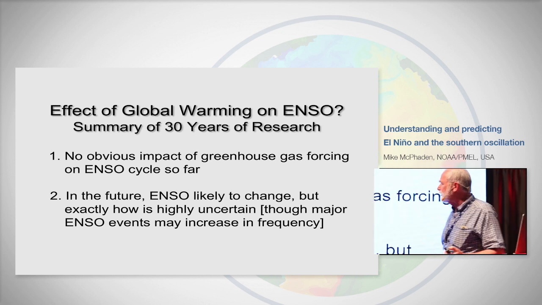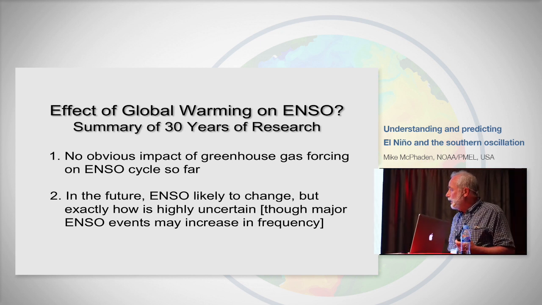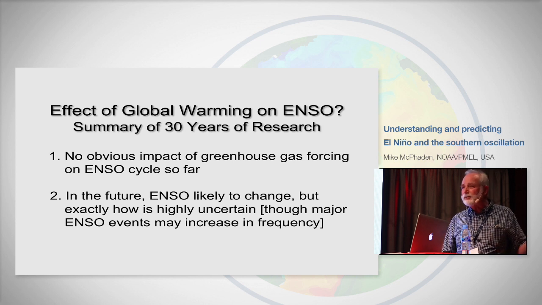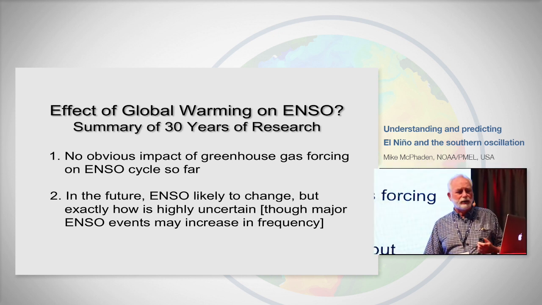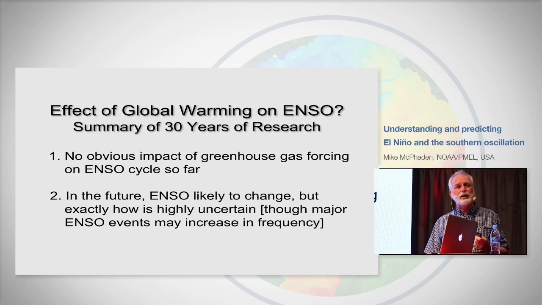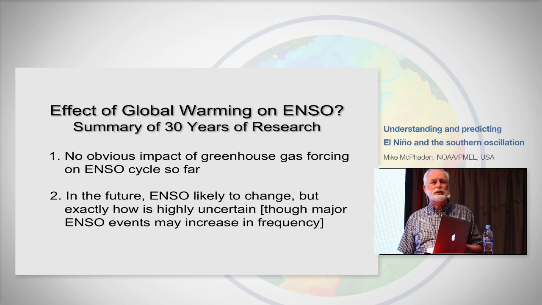The other aspect of this is how will it affect ENSO in the future? And for this, well, I think there's a consensus in the community that there is likely going to be an effect on the ENSO cycle. The problem is we don't really know what it is. And the issue is that to answer this question, we have to rely on the big global climate change models, which are good in telling us something about basic trends, upward trends in say, atmospheric temperature.